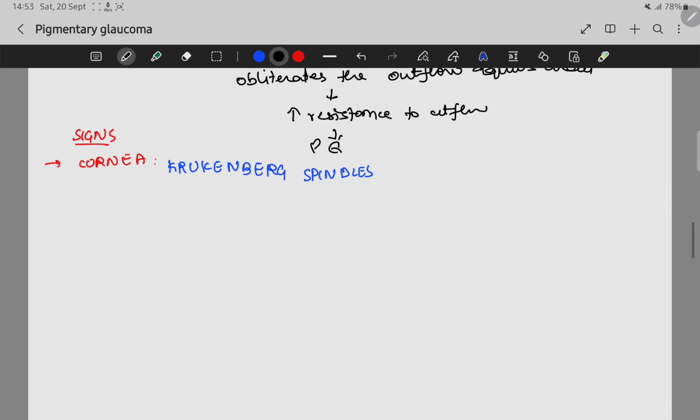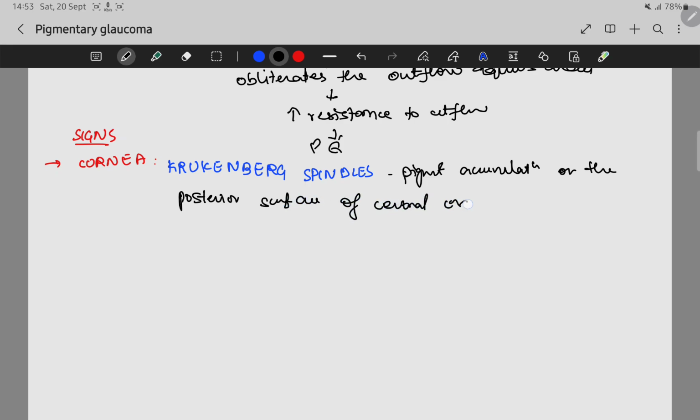They are pigment accumulation on the posterior surface of central cornea in a vertical spindle shaped pattern.